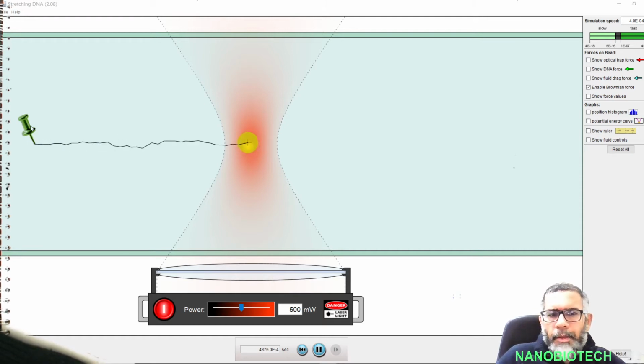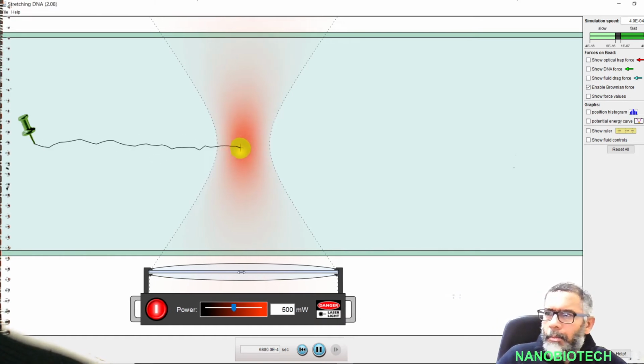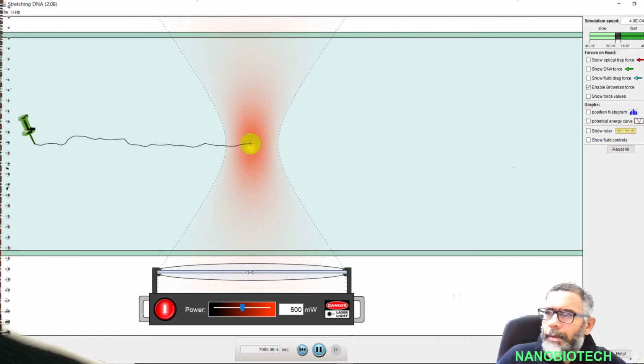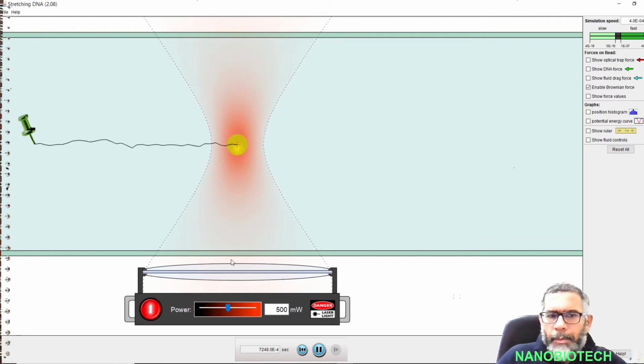In fact, this is what in reality happens. What the scientists do is that they grab these two beads, the spheres. One end is kept by an optical tweezer, and the other end is attached to another sphere, and that sphere is moved by moving the optical tweezer, and so manipulating it.